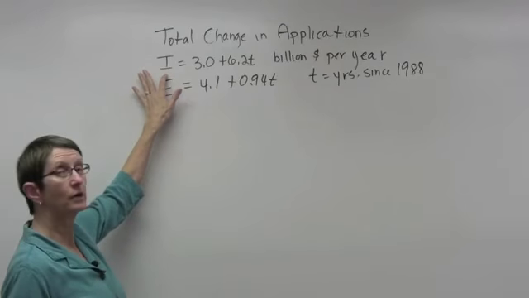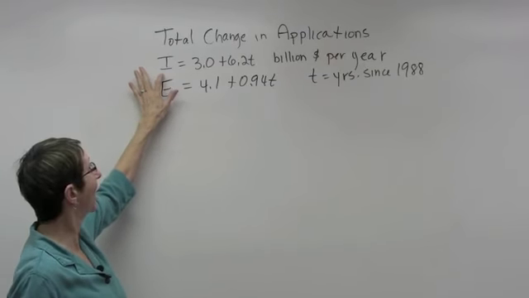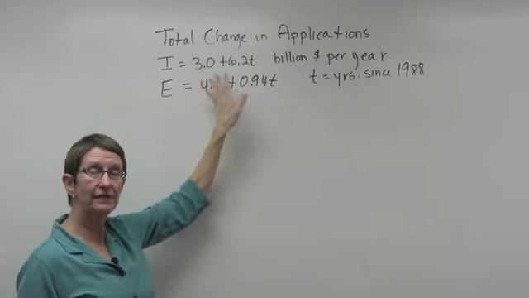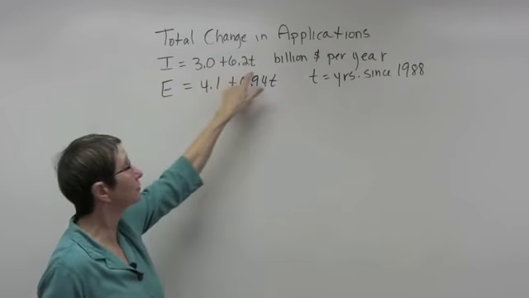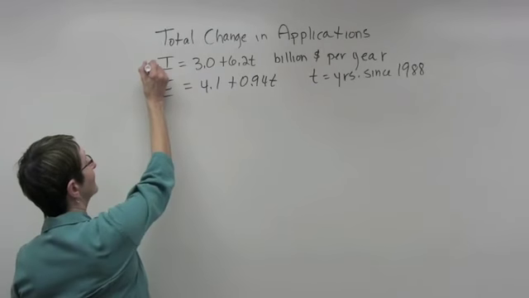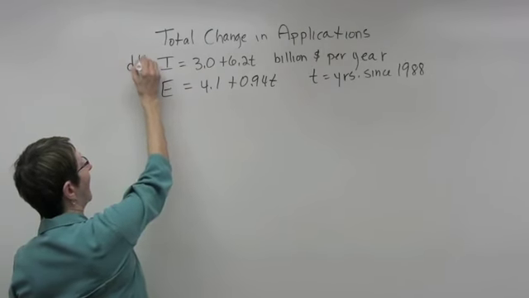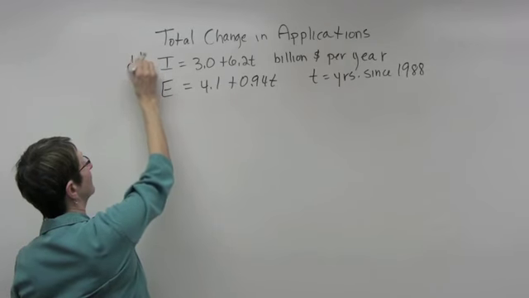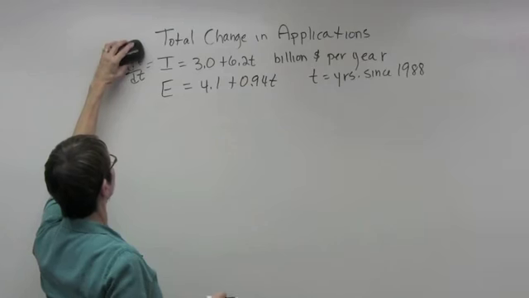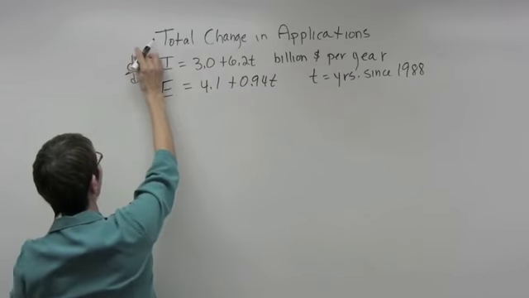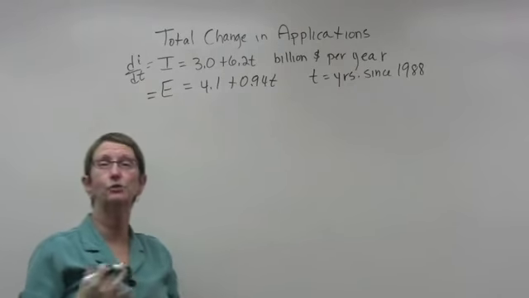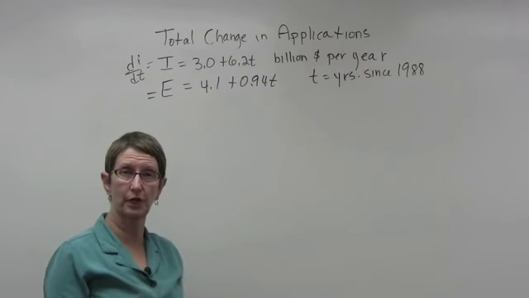Our formula for the rate of change of imports, I, equals 3.0 plus 6.2t. Now this is a rate of change with respect to time, so we could also write this as dI dt. And exports, E, is the rate of change of exports over time.